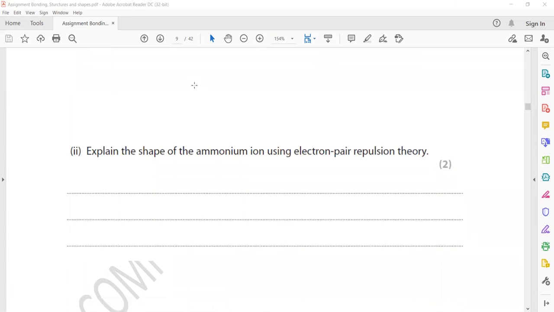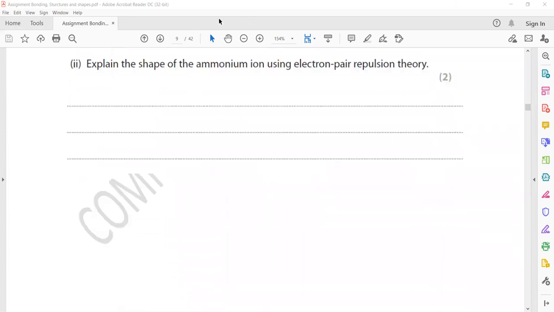Explain the shape of the ammonium ion using electron pair repulsion theory. What will be the shape of the ammonium ion? When we work out the total number of bond pairs, it appears that it has 4 bond pairs. One, this dative bond is also counted as a bond pair, 2, 3 and 4, and whenever 4 bond pairs are there, it will be tetrahedral.